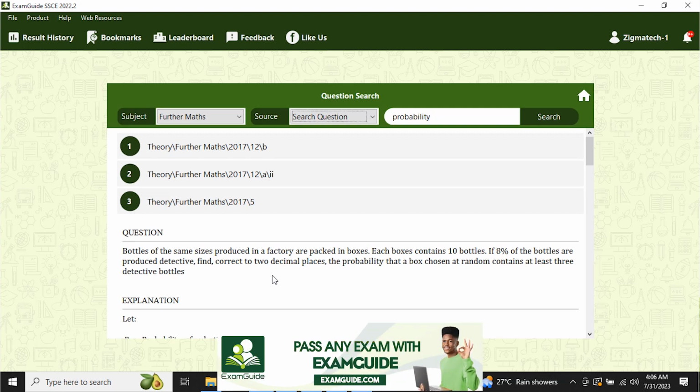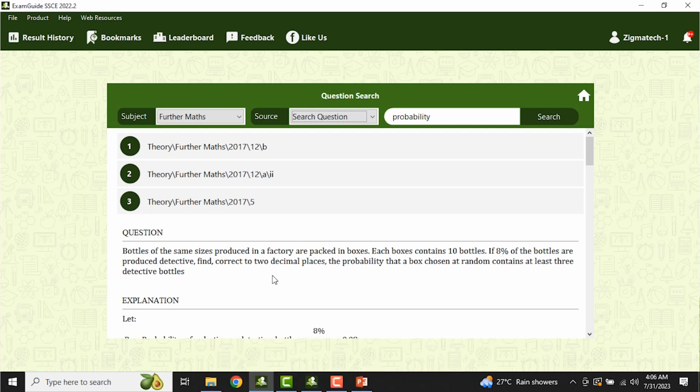Each box contains 10 bottles. If 8% of the bottles are produced defective, find, correct to 2 decimal places, the probability that a box contains at least 3 defective bottles.